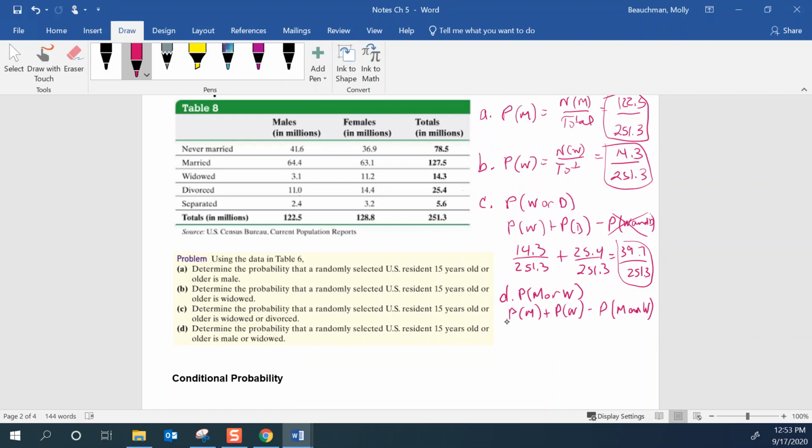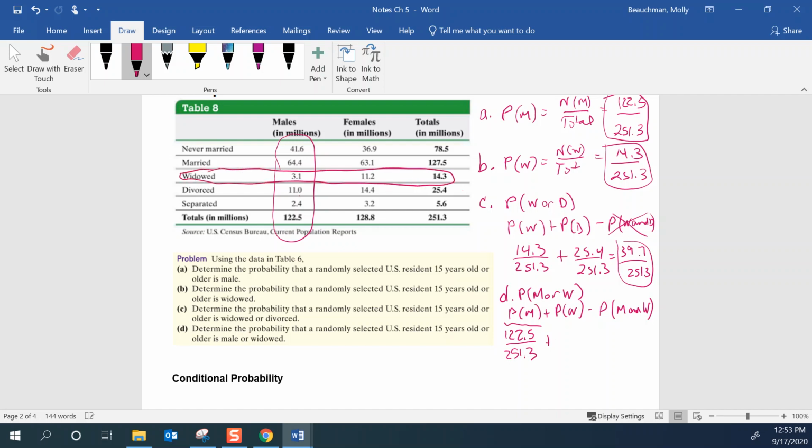This time we're looking at a row variable and a column variable. For the probability of male, we have this column. There are 122.5 males out of 251.3. Then we add to that the probability of widowed. Widowed is a row variable. There is overlap.